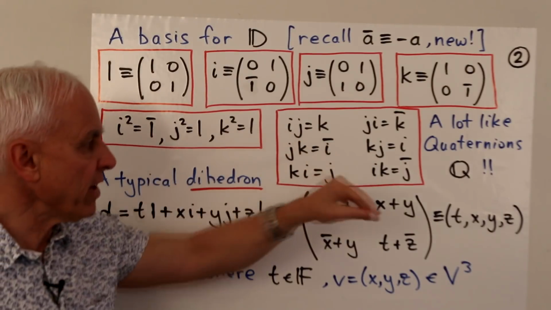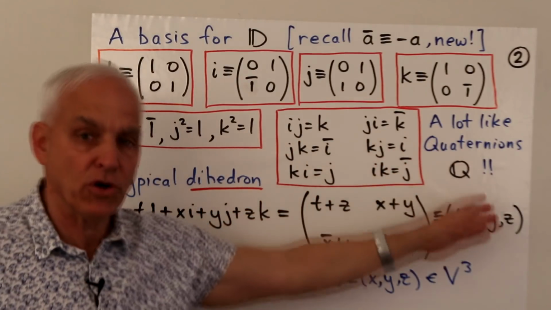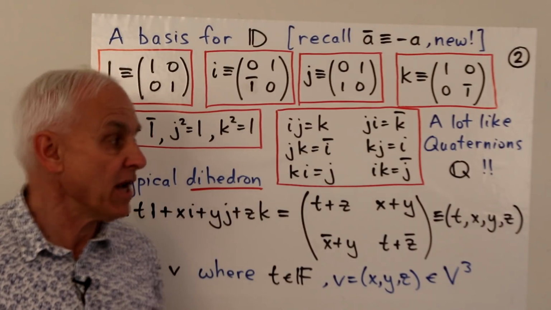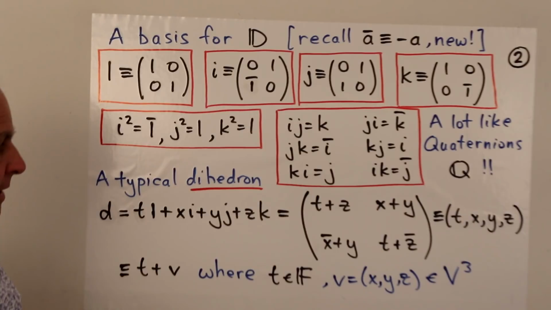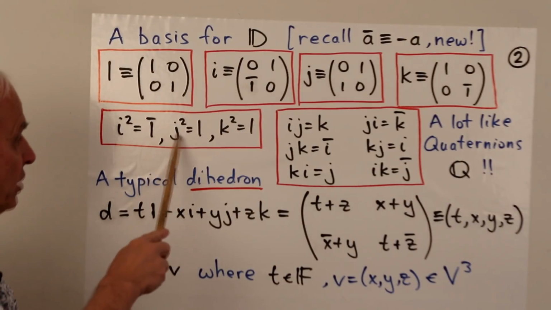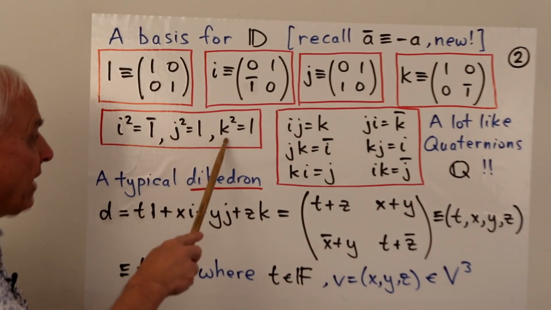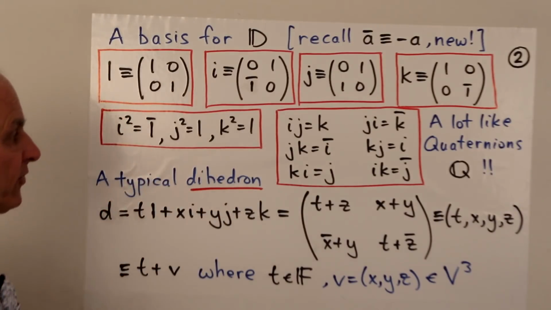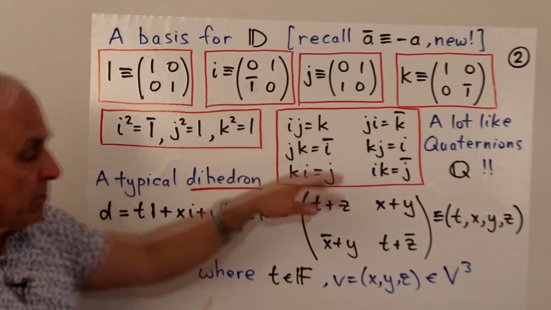So these are very analogous to the quaternions that were introduced by Hamilton in the middle of the 19th century. And the relations are as follows. I squared is equal to negative 1, or 1 bar. J squared equals 1, and K squared equals 1, where these ones here are meaning this identity matrix. And then we have relations between them.